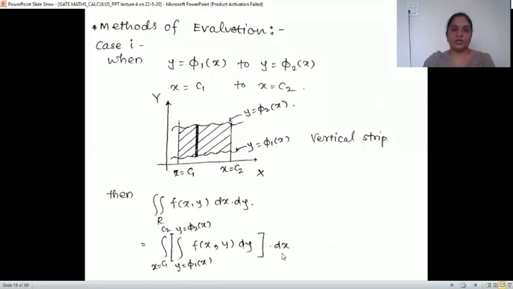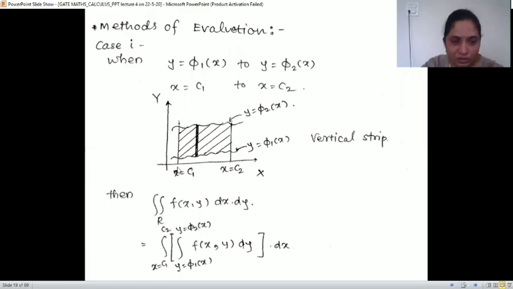Okay, method of evaluation. Suppose we are given functions of x as the limits of integration, so these are limits of y, and the other two are x is c1 and x is c2. If x is equal to anything, it is parallel to the y-axis, right?